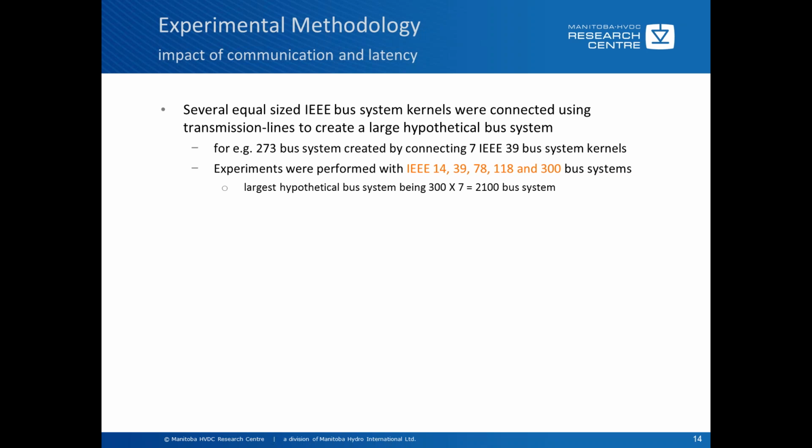So that way all we're measuring is what does it take to communicate between these different simulations, not the balance of the simulation load. We want to eliminate that, so that's why we used identical systems in all cases. We want to make sure that each and every process is running the same amount of work each time, but we're scaling them up in order to build a larger aggregate system.